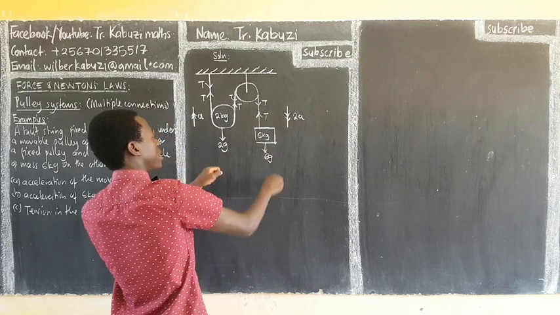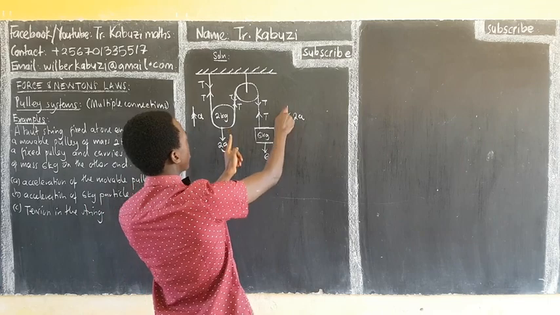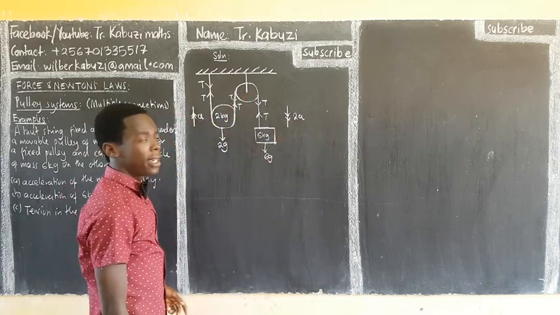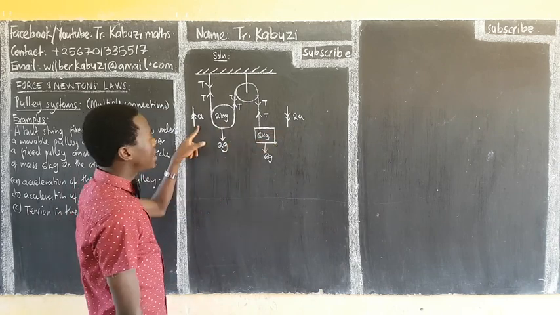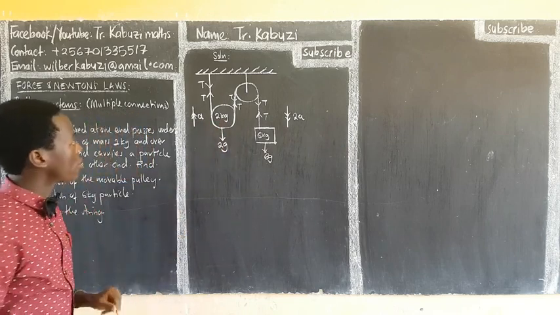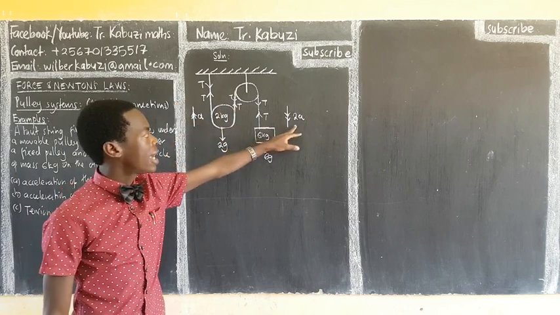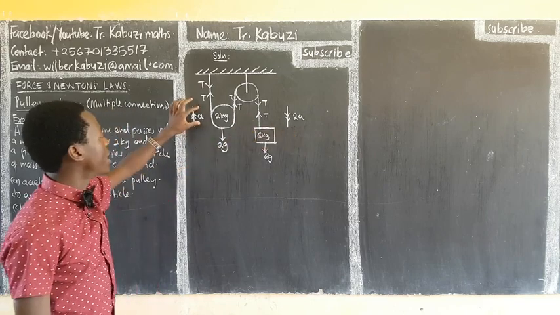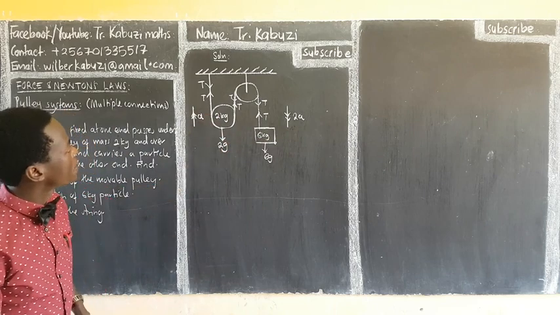Because it's moving down, the acceleration is in that direction. As you pull this one down, this one is pushed up. So the acceleration of the particle at the end is twice the acceleration of the pulley between the two portions of the string. The acceleration here is always half of what is there, or this one is twice this, as simple as that.